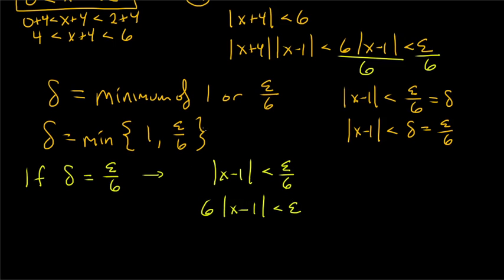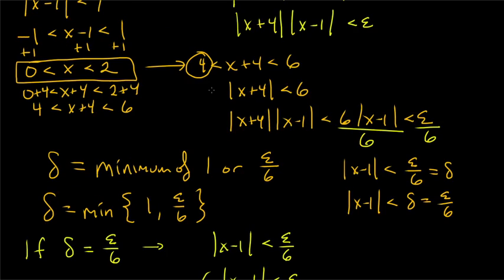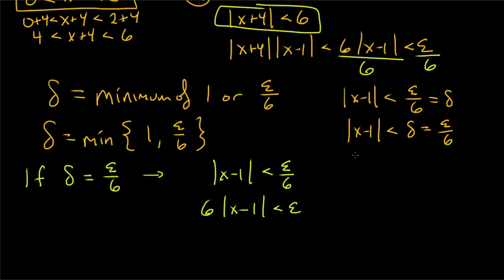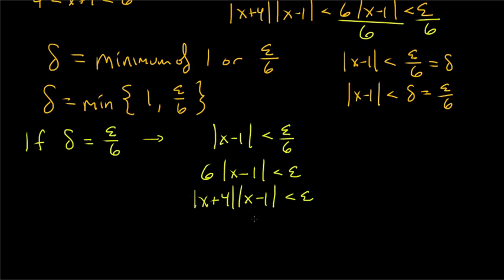And we also know that, because of this argument, my x plus 4 in absolute value has to be less than 6. So this has to be less than epsilon as well, times the absolute value of x plus 4.